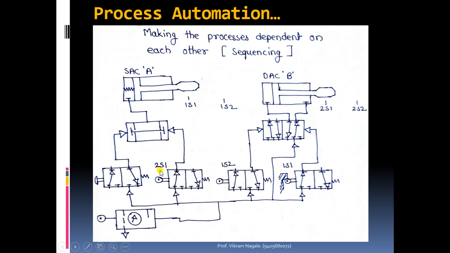Now this is initially pressed for the condition of initially retracted cylinder A and cylinder B. Okay, so this will be in pressed condition. This will be continuously applying pressure on the input port of the AND valve.